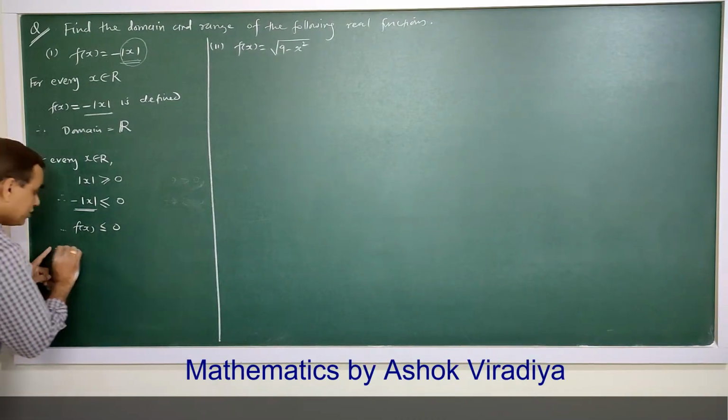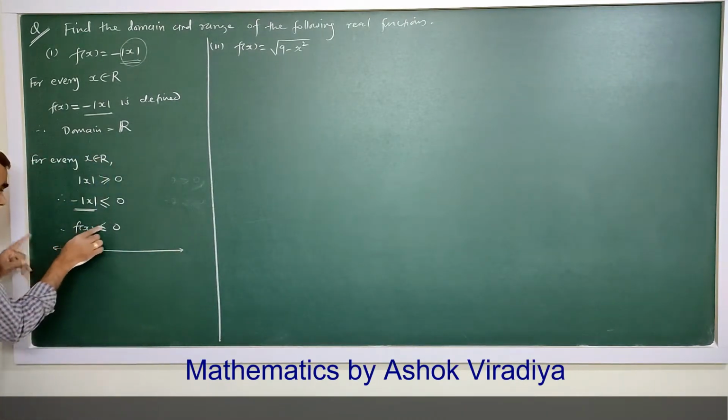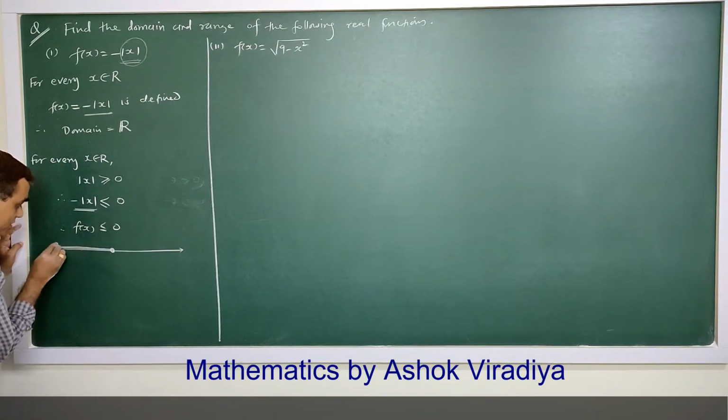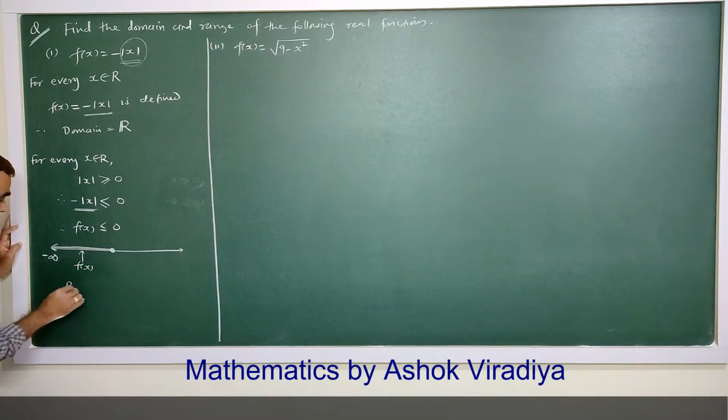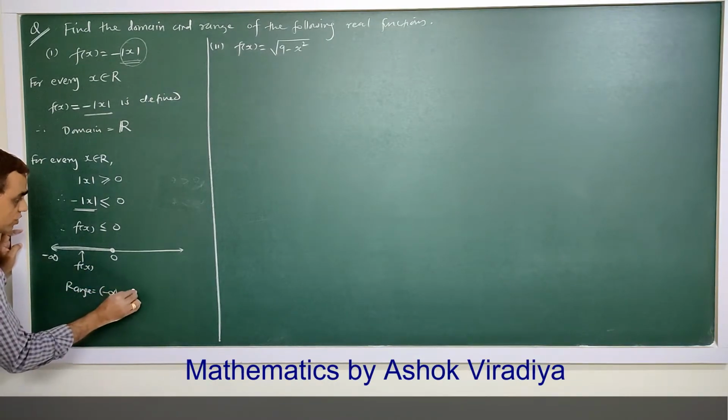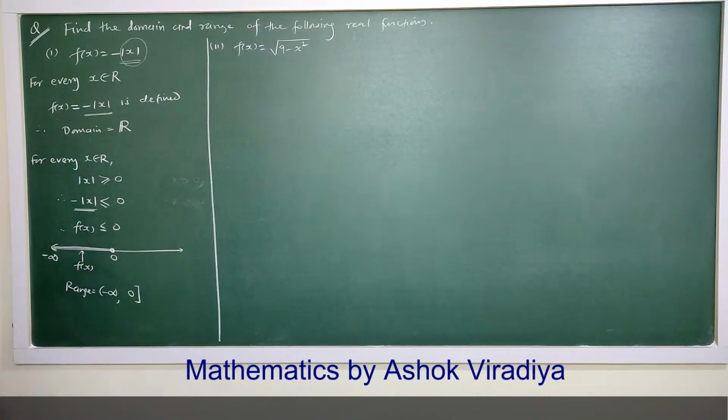It means all images are 0 or less than 0. On this side we are getting all images. So the range of this function is minus infinity to 0 closed. So this is the set of images. It is the range.